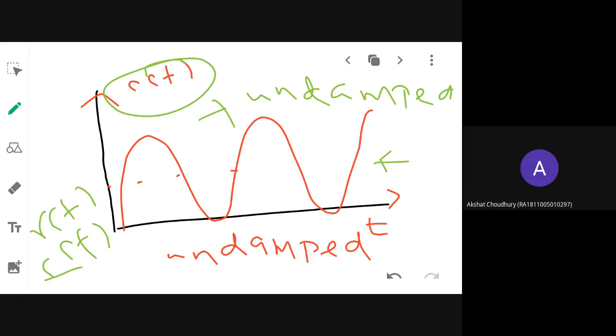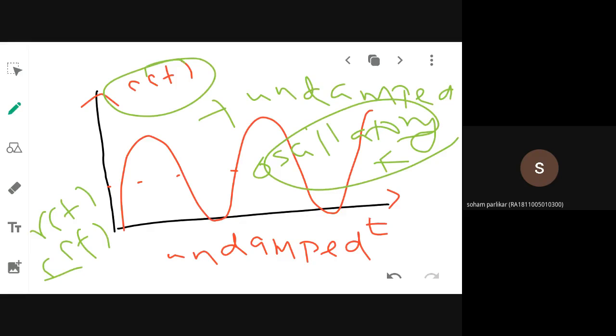It is completely oscillatory, with sinusoidal oscillations. Alright, so this is the first case that we have dealt with.